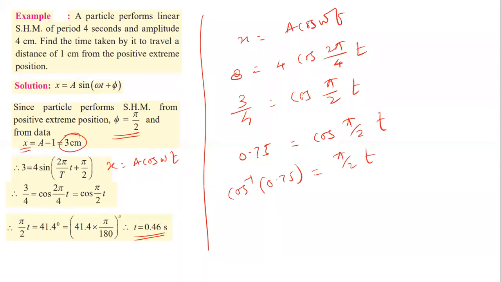So it is coming 41.4. I think 41 it is coming, equal to pi by 2 into t. So t you can keep on this side and 2 you can shift to this side. Pi is 180. So you will get the answer 0.4601 is equal to t.